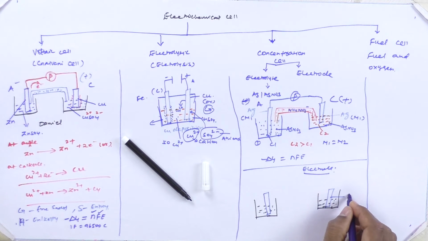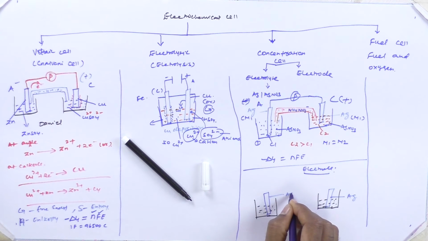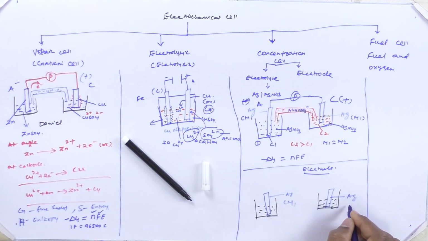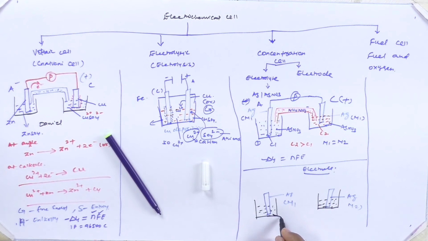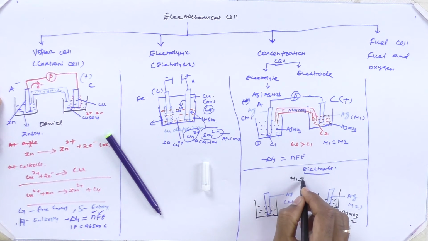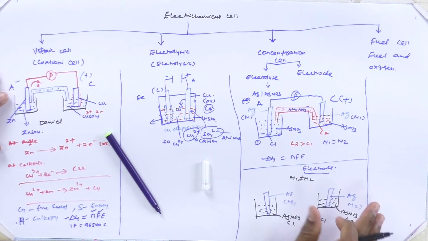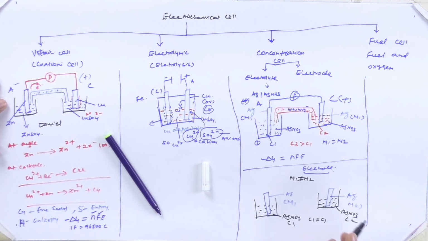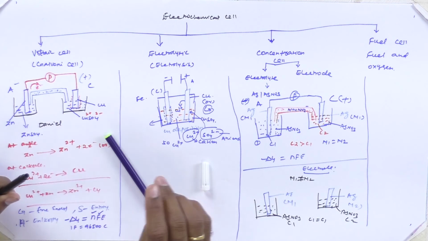You can take Ag, represented as M1, and M2, and this is silver nitrate, this is also silver nitrate, that is C1 and C2. Now C1 is equal to C2, whereas M1 is not equal to M2. The concentration of the metal is different. Therefore this type of cell is called an electrode concentration cell.